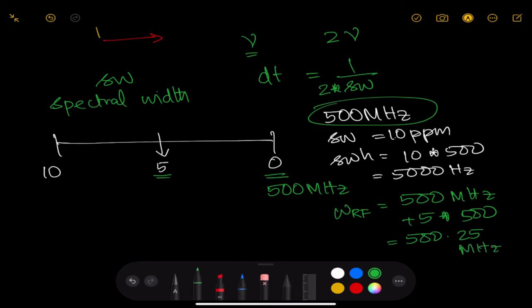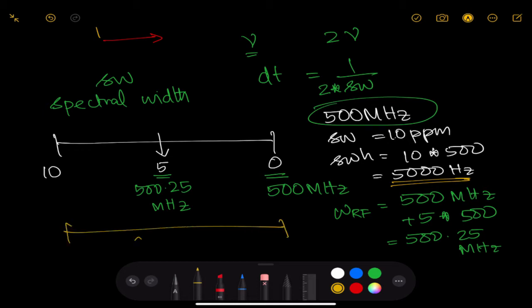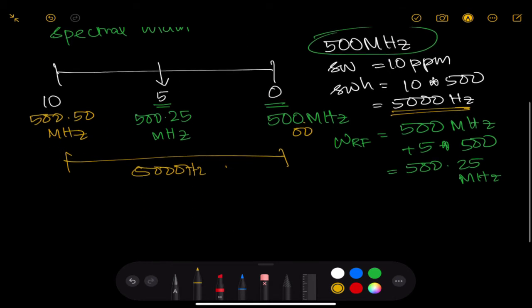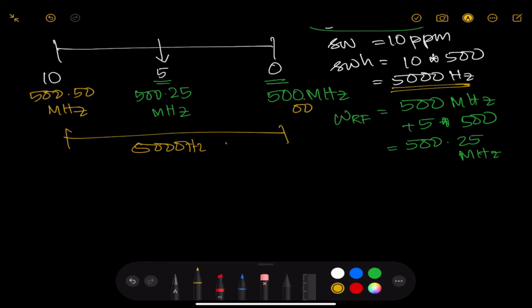So your omega RF in this example is going to be at 500.25 megahertz. And since your spectral width is 5000 hertz, you have 5000 divided by 2, meaning that this entire range is 5000 hertz, and therefore you're going to be spanning 500.50 megahertz until 500.00 megahertz.